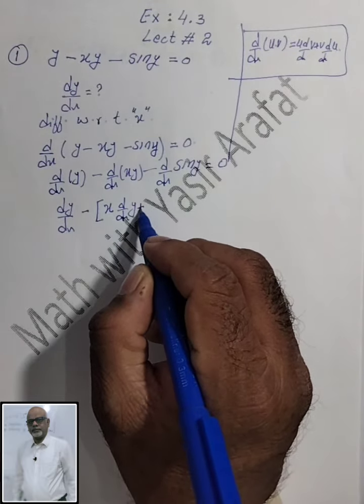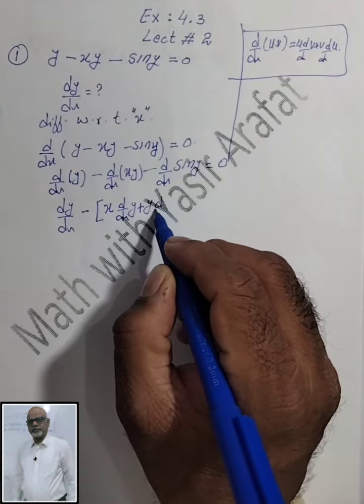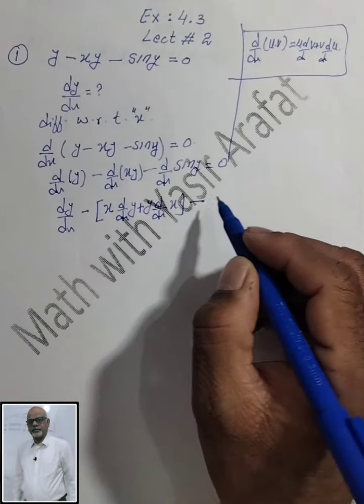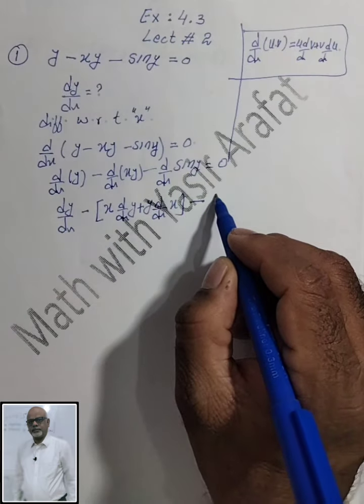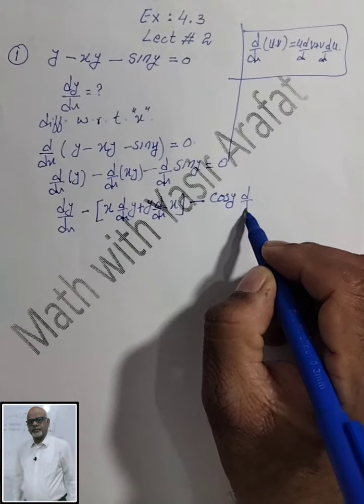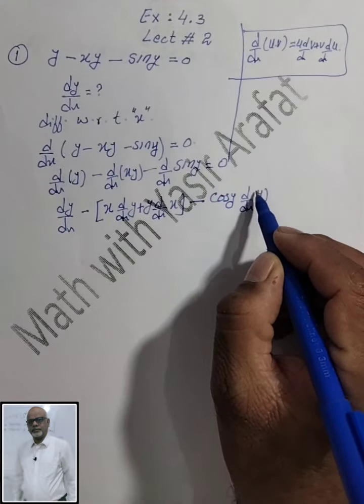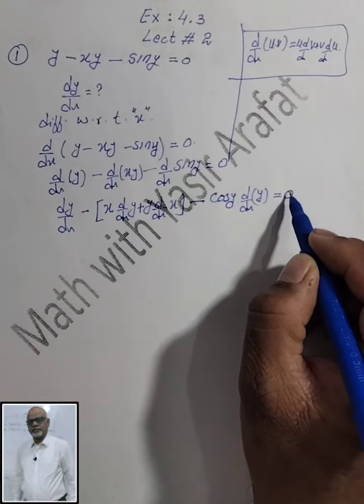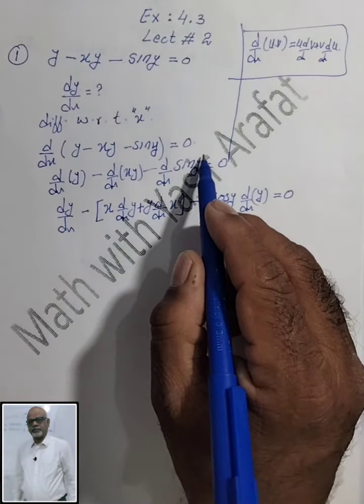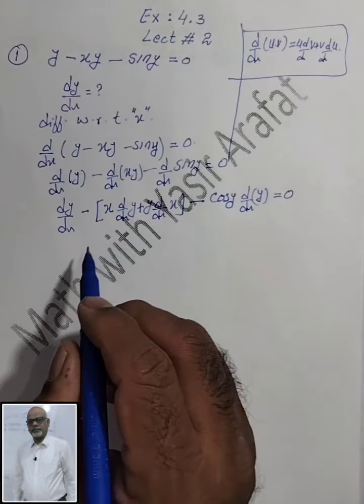So here u as it is, derivative of v, plus v as it is, derivative of u, minus the derivative of sine y, it is cos y, and the derivative of its angle, that is y, equal to 0. Sine y derivative is cos y, and the derivative of y is dy upon dx.